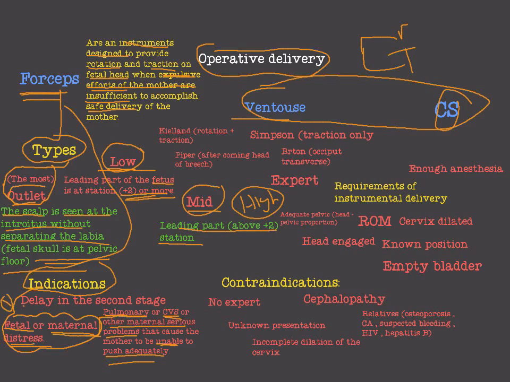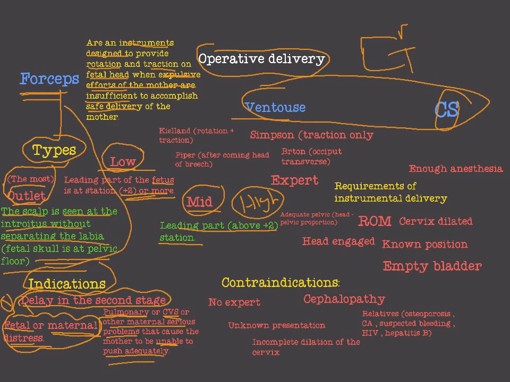Second is delay in the second stage. What do we mean by delay in the second stage? It is more than 2 hours for an unanesthetized patient to finish the second stage, and more than 3 hours if the patient is anesthetized.